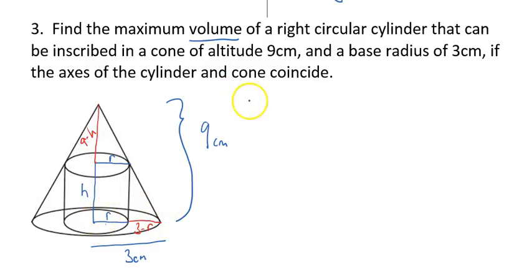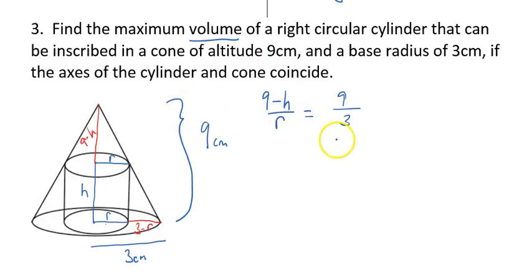So I can make that relationship 9 minus h over r from the small triangle, so that would be the height and the radius of it, would equal the height and the radius of the larger one, which obviously would be 9 and 3. So it's a similar triangle relationship that we've worked with when we did some related rates problems.